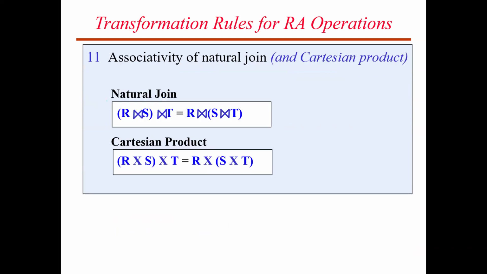Associativity of natural join. If you have three tables, R, S, and T, and then you perform a natural join, it is equivalent to the following. We do the bracket first, so we join S with T, then the result is joined with R, which is equivalent to joining R and S first, then joining it with T. Cartesian product also works the same way.